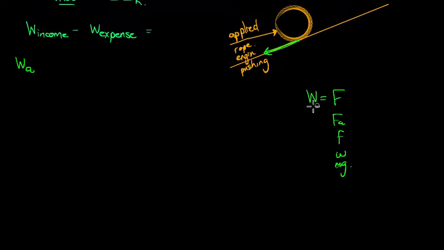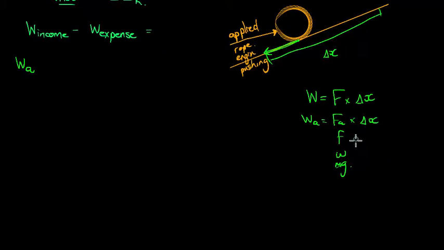So whenever I'm working out the work done by a force, I take that force and I multiply it by the distance that is in the direction of the force. So if this thing moves from here to there and this distance is delta x, then the work done by the applied force is the force applied times the distance over which it was applied.